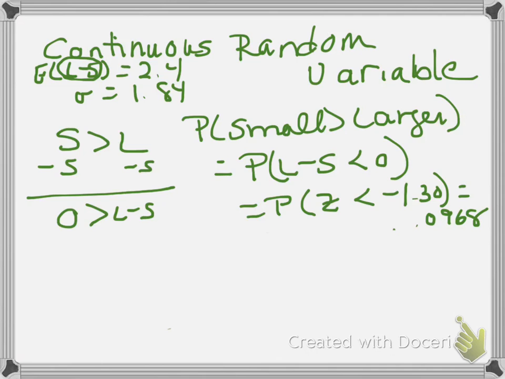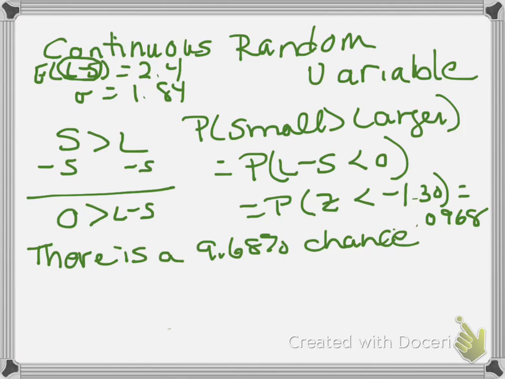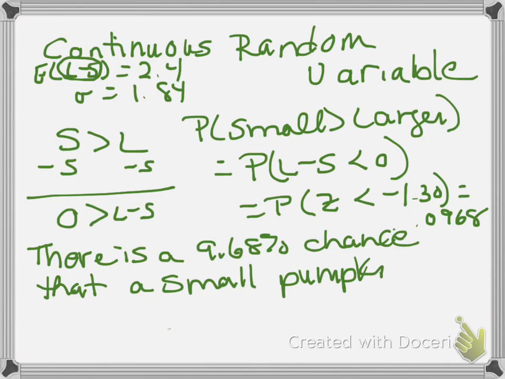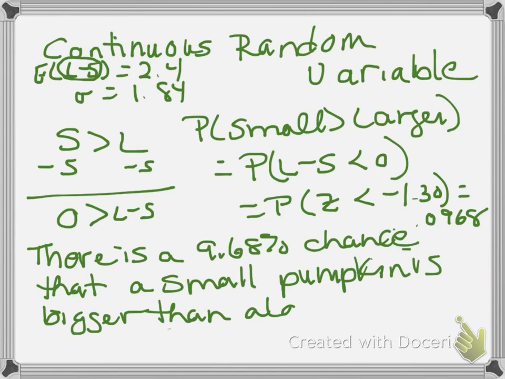Okay, so I'm going to say there is a 9.68% chance that a small pumpkin is bigger than a large pumpkin. Okay? So hopefully that makes sense to you. If not, just come in for tutoring.